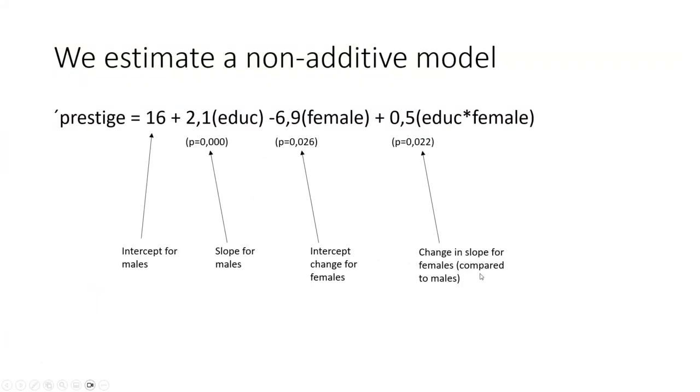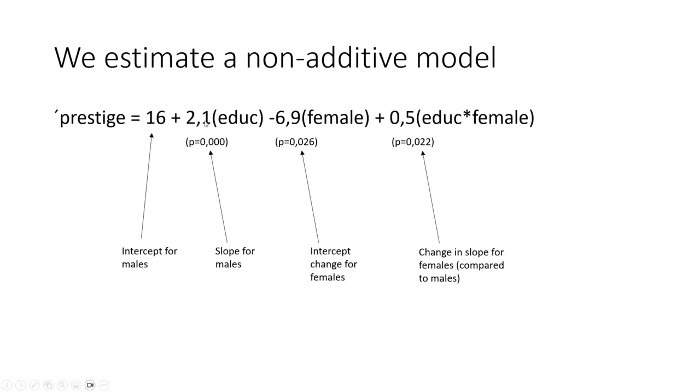So we have findings. First, the first number in this equation will be the intercept for males. I'll show you why this is the case. The slope coefficient for EDUC is significant, but this is the slope only for males, 2.1.